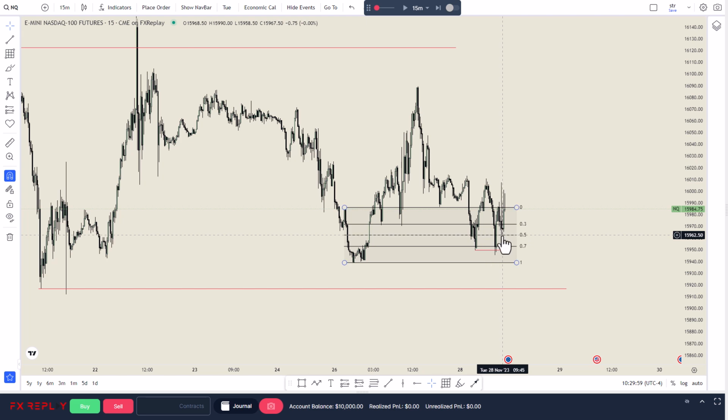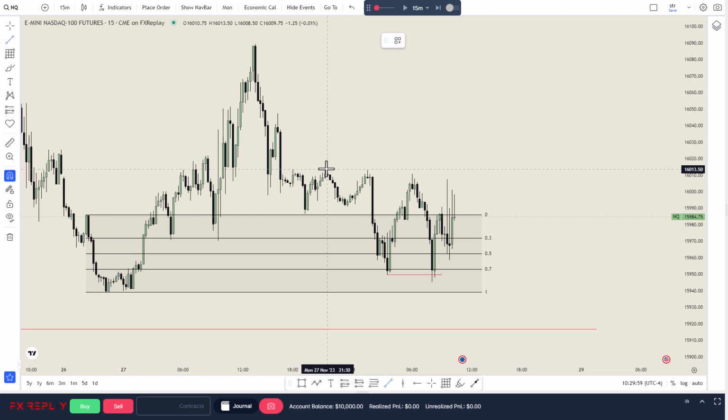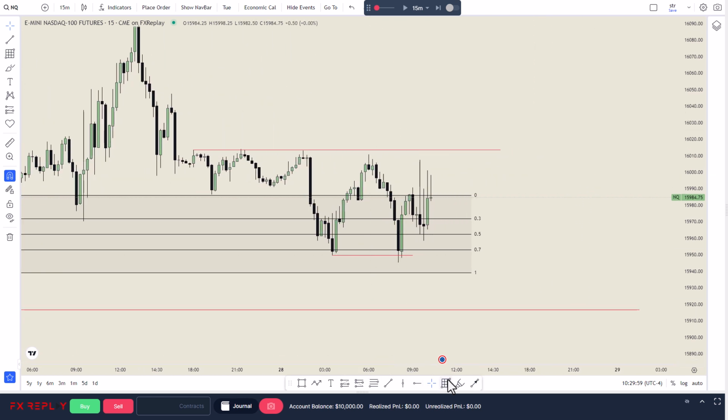This was triggered at 10 a.m. We have all this liquidity above us, right? But it looks like we missed the setup, right? I usually enter from the 30%. Let's see if price is going to give us another opportunity.